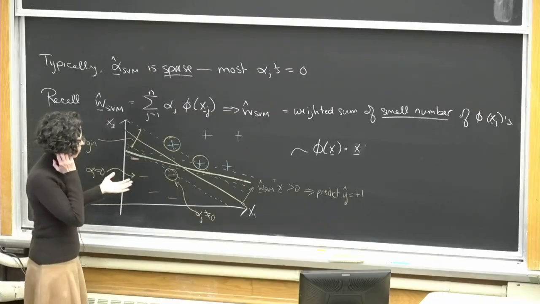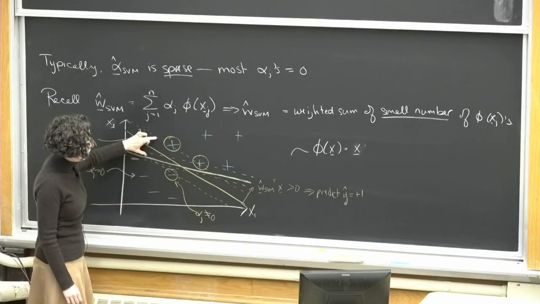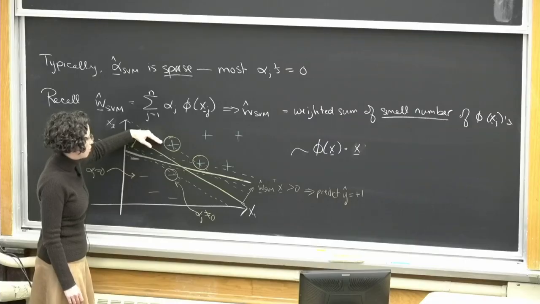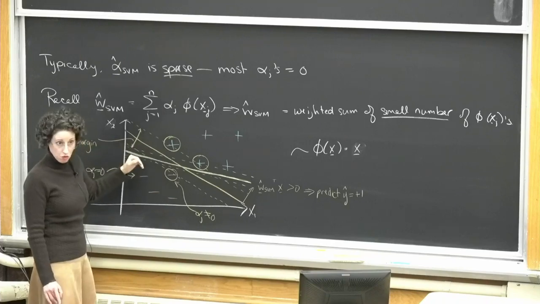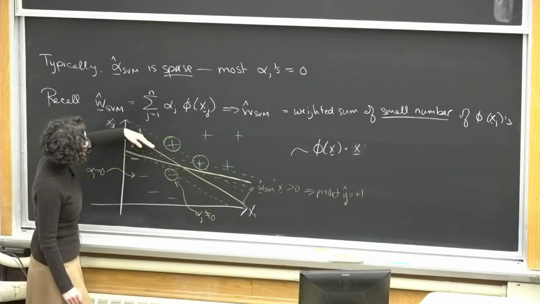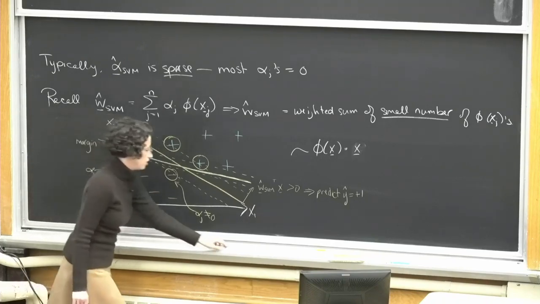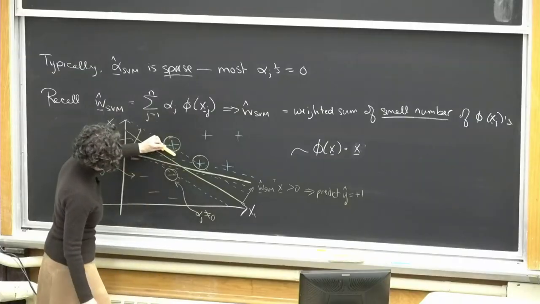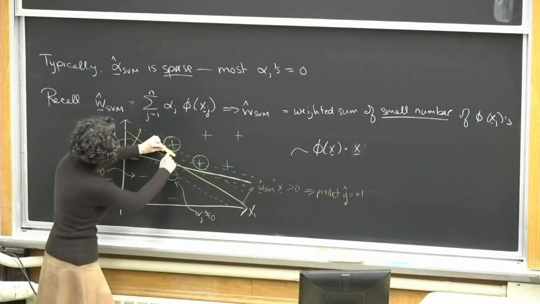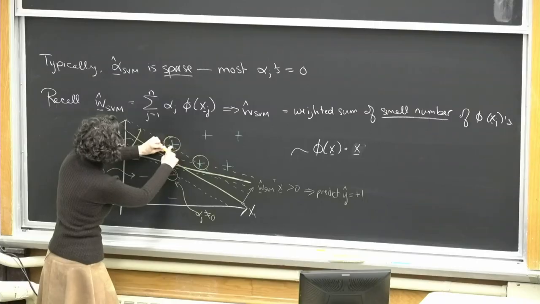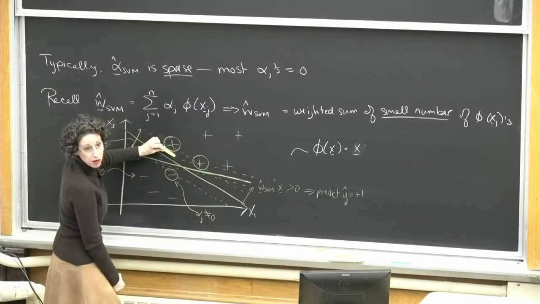The second question was, is this margin always symmetric? Or could it be that it's hitting a couple of support vectors on one side and 1 on one side and 0 on the other side? The answer is no, that's not possible. Say I had a decision boundary parallel to my yellow decision boundary, but closer to the blue points than the red points. When I measure the margin, I'm looking both above and below the decision boundary.